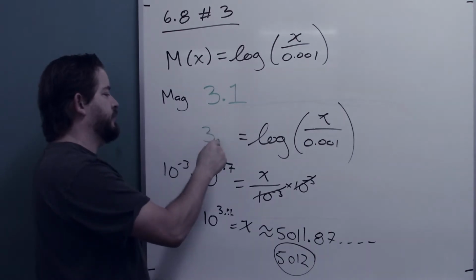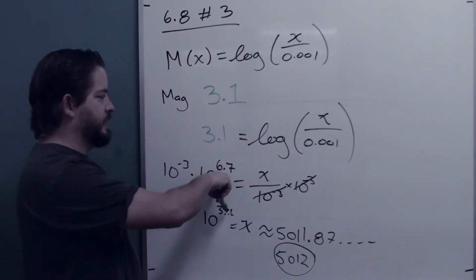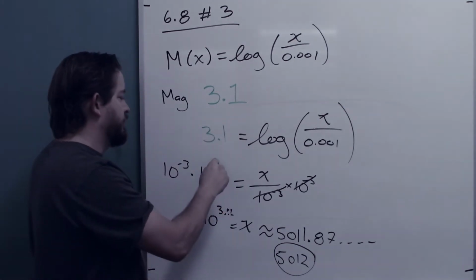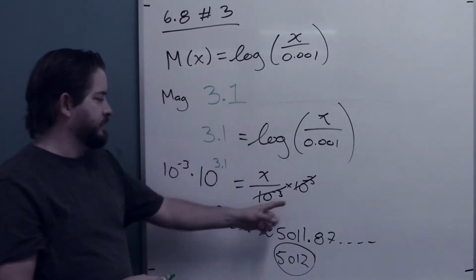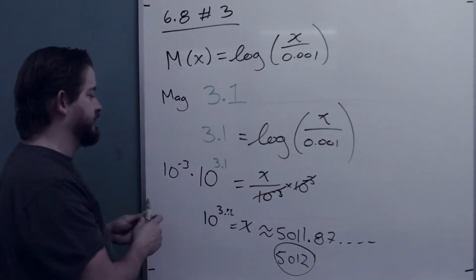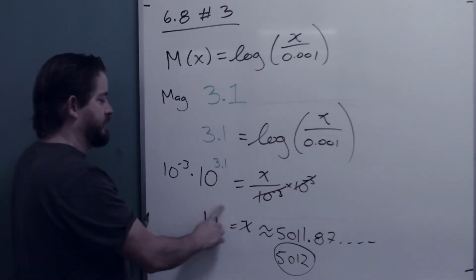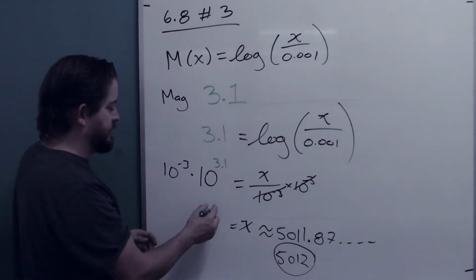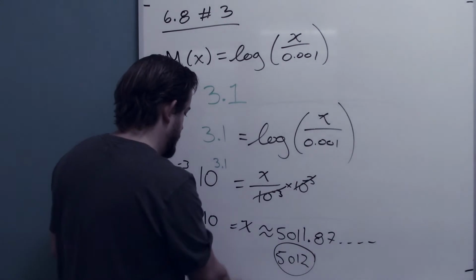So it's 3.1 is my magnitude, so instead of taking 10 to the 6.7, it's now 10 to the 3.1, but I'm going to make all the same moves. I'm still going to multiply both sides by 10 to the 3, so instead of 10 to the 6.7 minus 3, it's now 10 to the 3.1 minus 3, well, that's 10 to the 0.1.